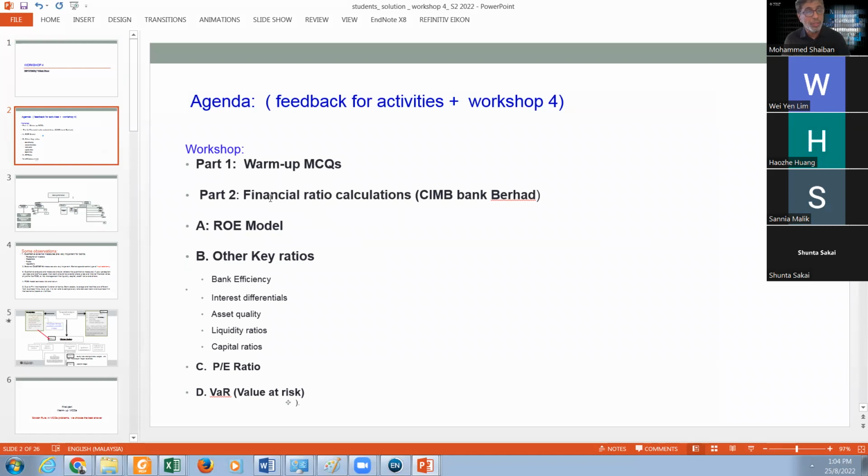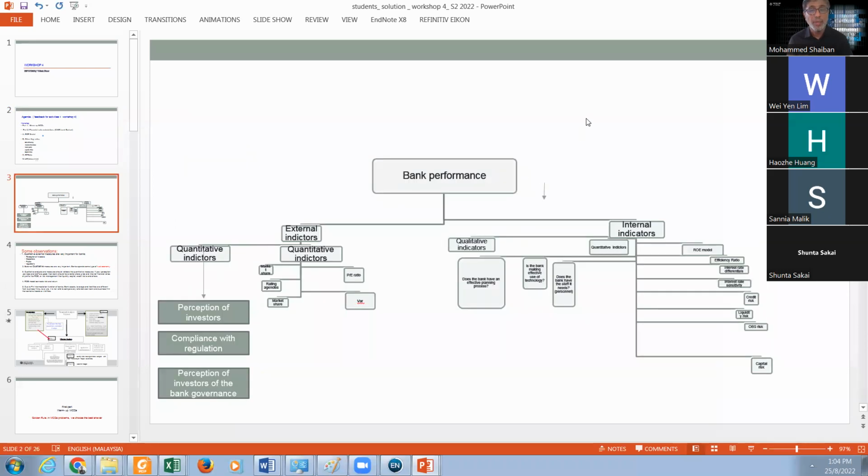All the solution is with you. The data also is with you. So what I will do is go over it. I think this workshop will be good for you because I added some slides. For example, these slides will tell you the whole issue of bank performance.